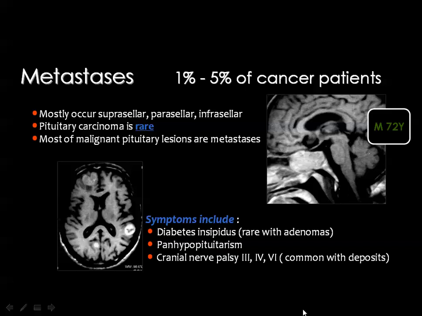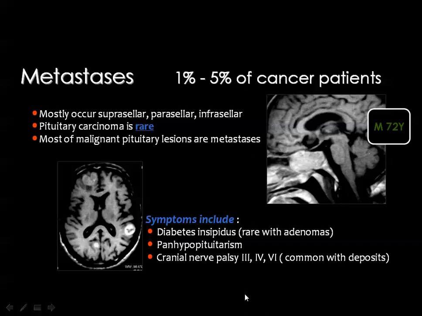Also metastasis to the infundibular stalk, to the optic chiasm, and to the skull base are well-known pathologies. Metastasis to the sellar area may occur in the suprasellar, parasellar, or infrasellar area. The term pituitary carcinoma is extremely rare, and most malignant pituitary lesions are secondaries to other primaries elsewhere in the body.